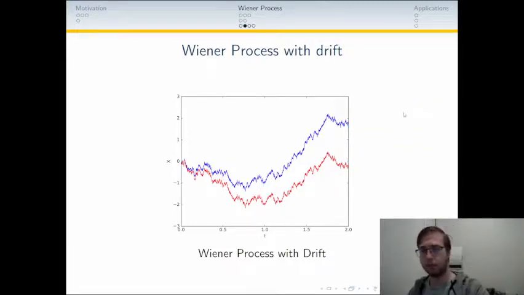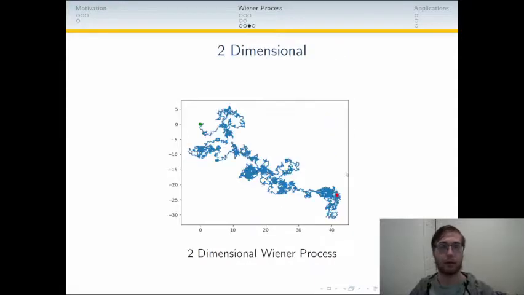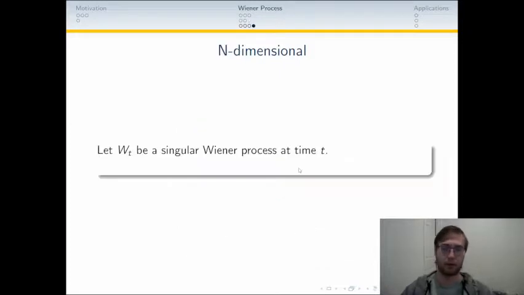Now, let's discuss a two-dimensional Wiener process. Here's an image of a two-dimensional Wiener process. It is just two Wiener processes, one for each dimension of movement. You can see how it's not just right angles of movement. Here's a very good place to see that. It's just two Wiener processes moving in different dimensions. And we can, of course, generalize this to be an n-dimensional Wiener process.